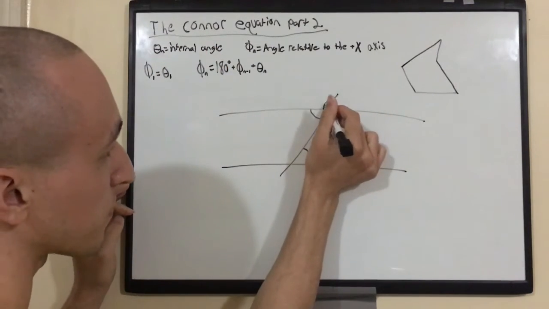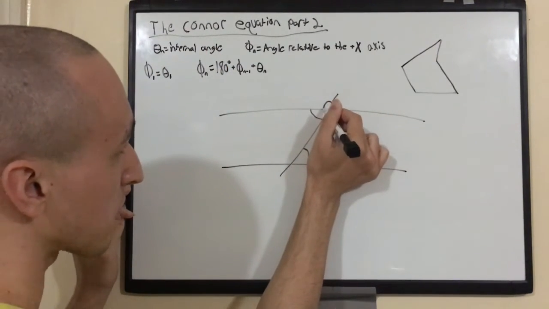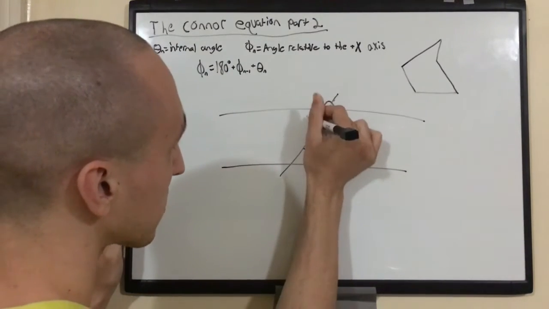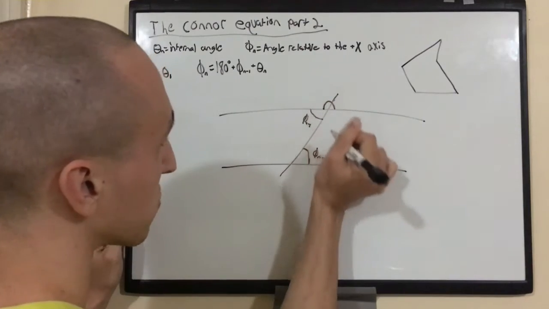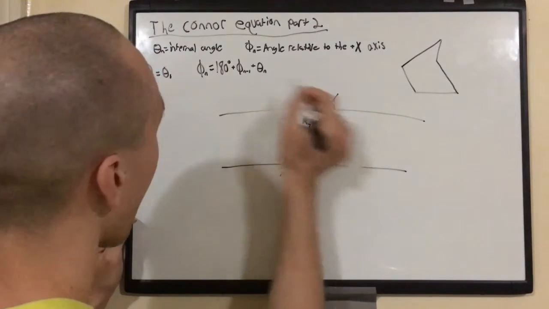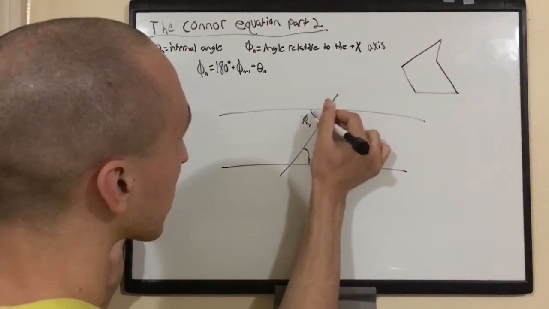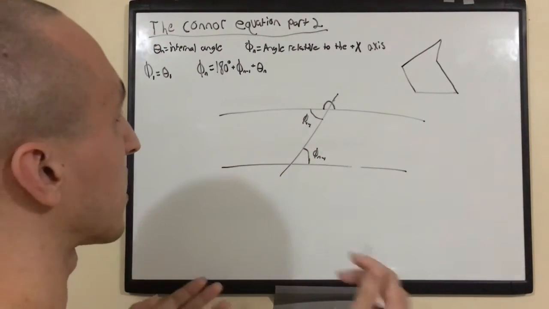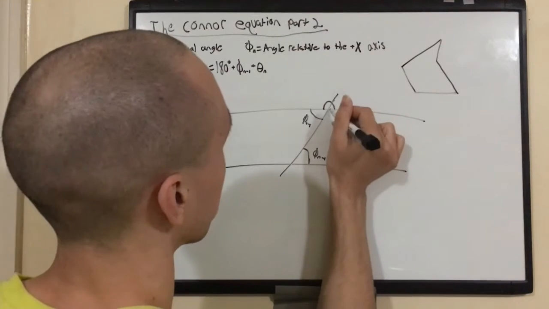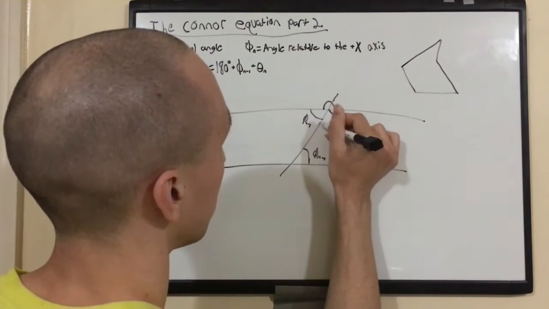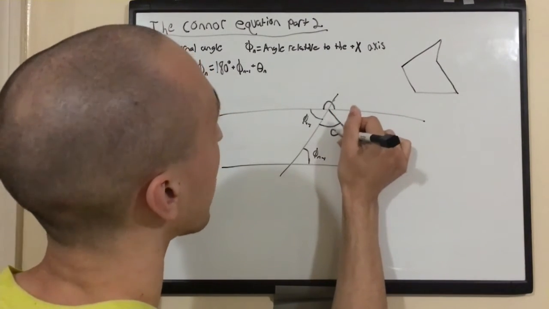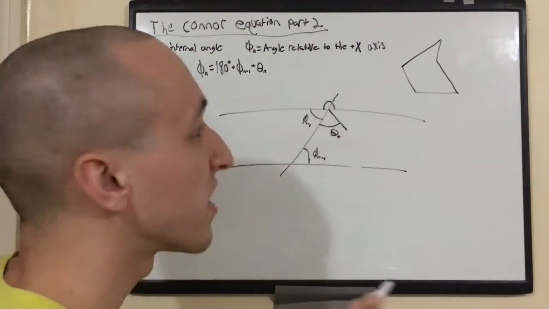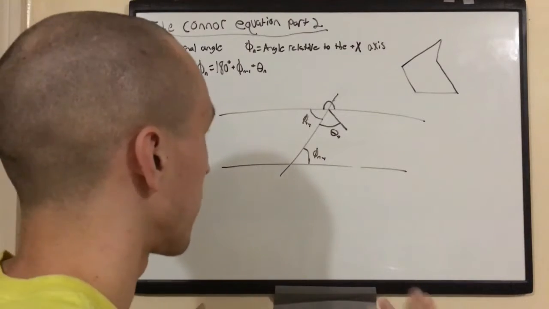You see that? Straight line, 180 degrees. Then we know that this angle is also phi n minus 1, so we're going to add that. What does that get us? That gets us here. And I should probably draw the next line. There, this will be theta, the raw interior angle.